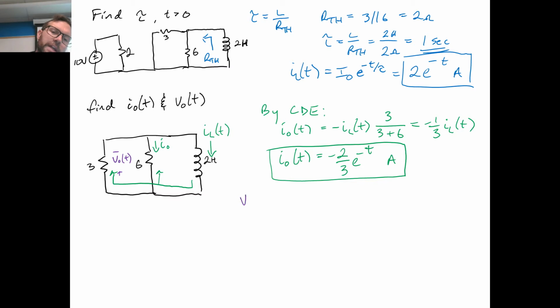So we could write that in here. V naught of t is equal to, well, there's our 6 ohms times I naught of t.